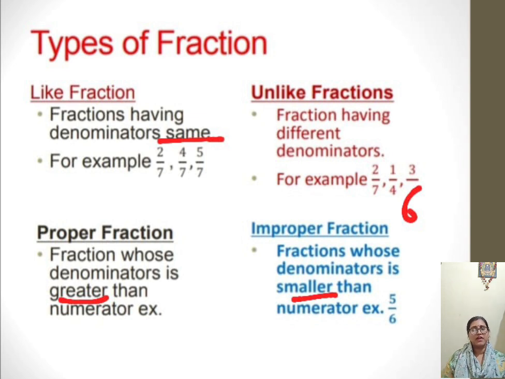And in the same way, improper fraction, we can say 8 by 6. 6 in the denominator is smaller than the numerator. So it is now clear what is proper fraction and improper fraction. Proper fraction has a denominator greater than the numerator, and in improper fraction the denominator is smaller than the numerator.